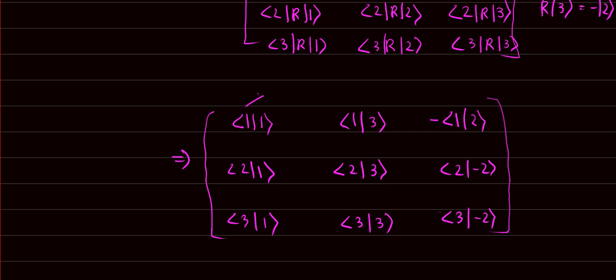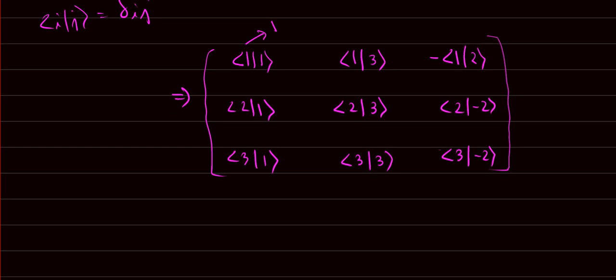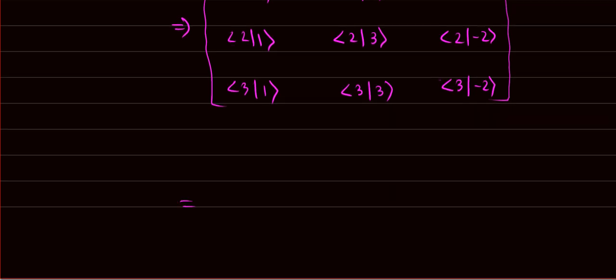So this is one, we know for our basis this is the Kronecker delta for orthogonal vectors, so we can find this will be just this.